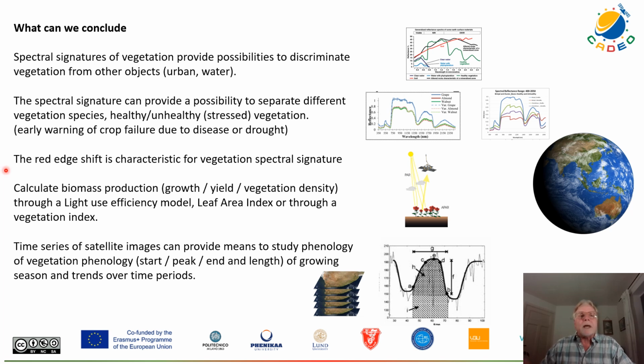We saw also that the red edge shift is important and characteristic for the vegetation spectral signature, and that is used when we want to calculate a vegetation index, for instance, or calculate biomass production.